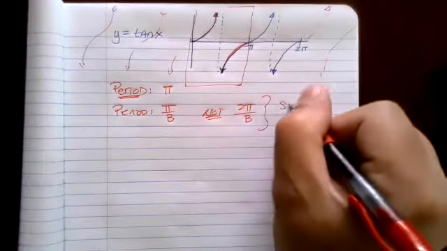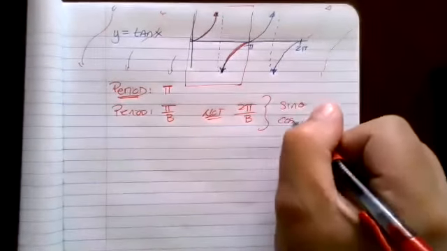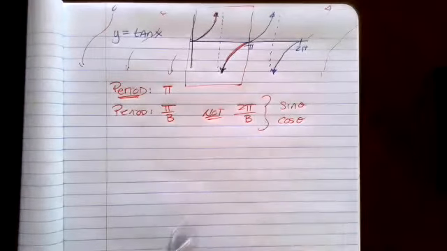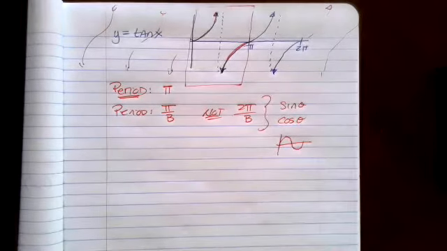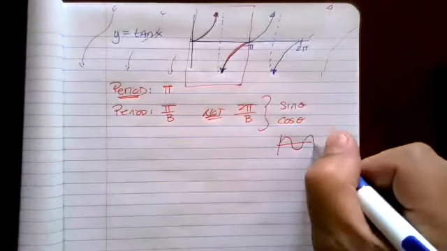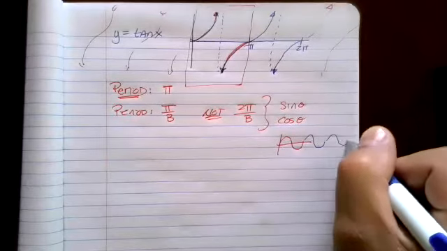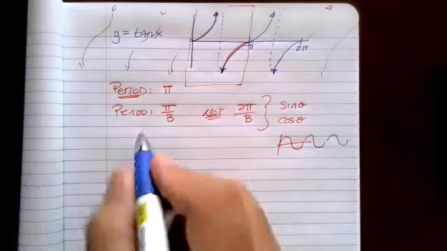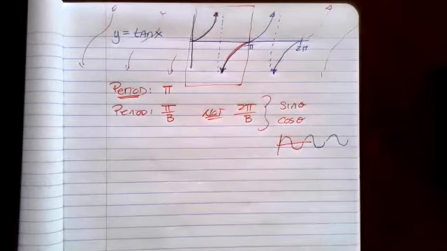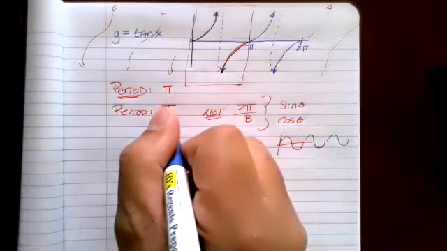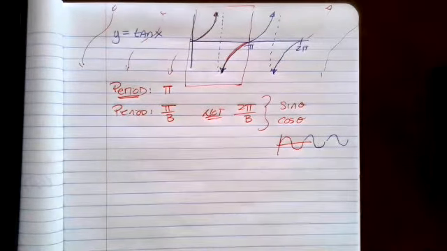Because sine and cosine start repeating after 2 pi, right? That's when we get repetition. That's not the case with tan. Tan starts repeating after pi, so the period is at pi. So to find it is going to be pi over b. It's very tricky.